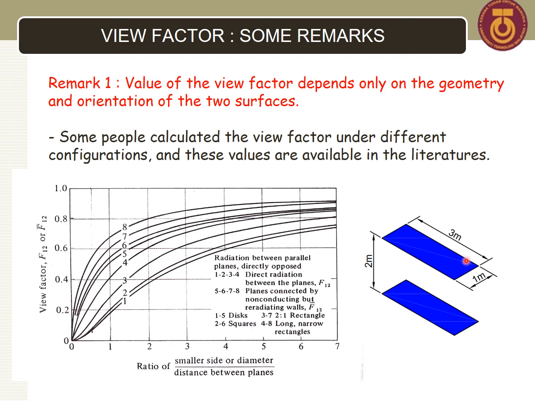The length is 3 meters, the width is 1 meter, and the distance between the two planes is 2 meters. The x-axis is the ratio of the smaller side, or diameter, in this case of course a smaller side, divided by the distance between planes.